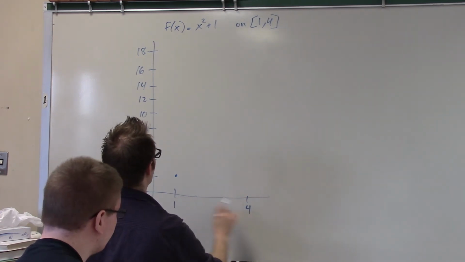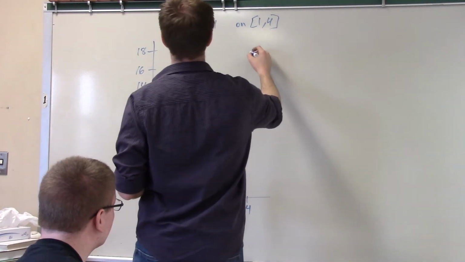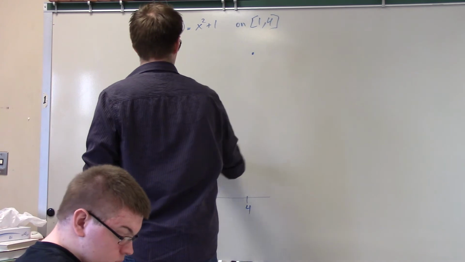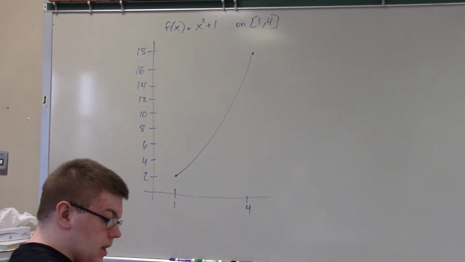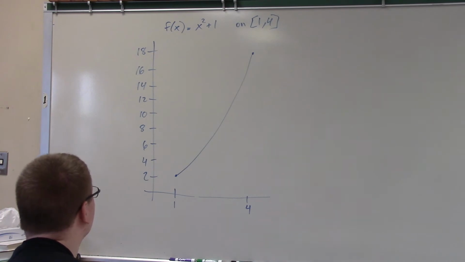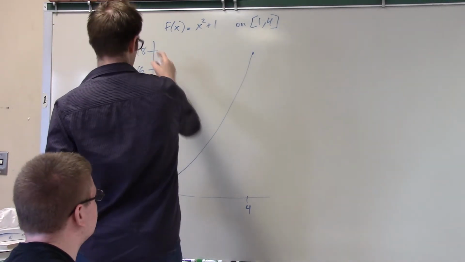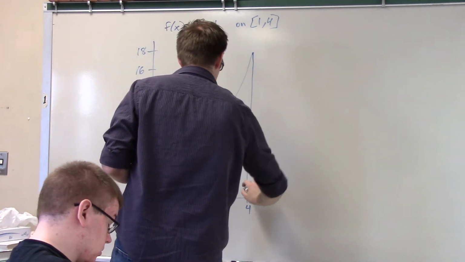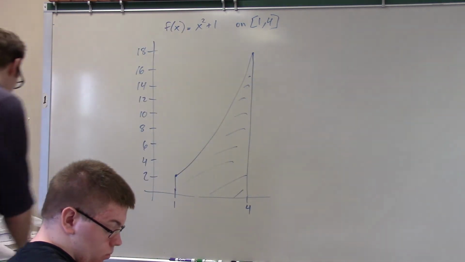When I plug in 4, I get 17, right? I think it's 17, if I plug 4 into the function. Okay, I get a function that looks something like this. And what I want is the exact area under this curve. This is what I want to know.